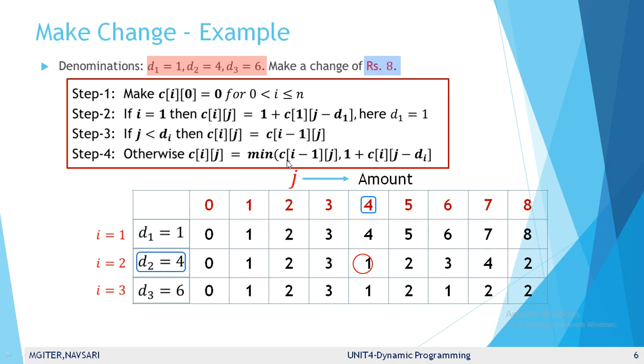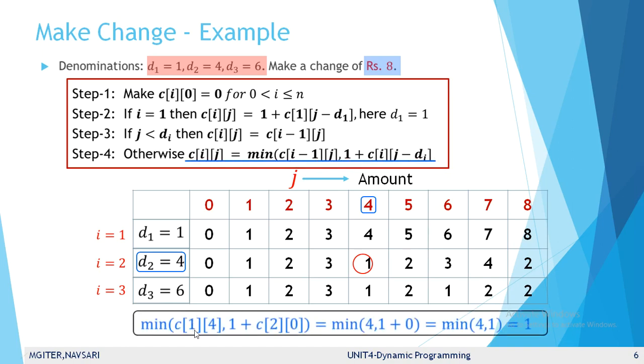So we use the minimum of C of i minus 1, j, comma, 1 plus C of i, j minus d. So C of 1, 4 means 4, comma, 1 plus C of 2, 0, and C of 2, 0 is 0. So 4, comma, 1 plus 0, so the minimum of 4 and 1 is 1.